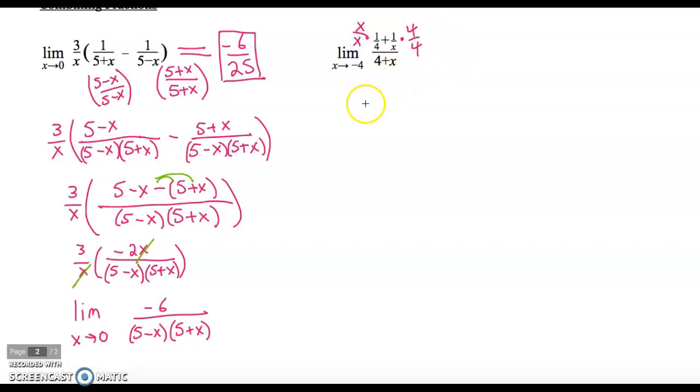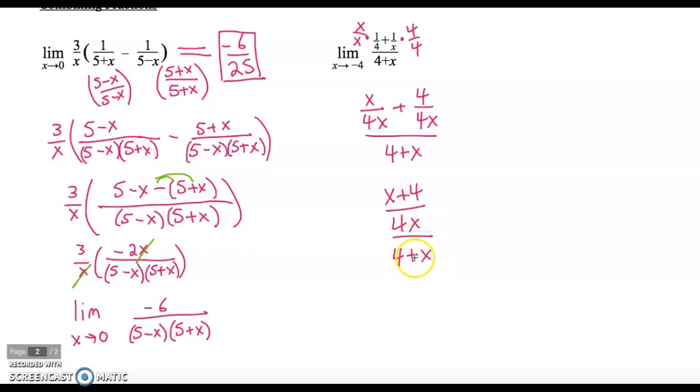Okay, so then I'll end up with x over 4x plus 4 over 4x, all over 4 plus x. Since they have the same denominator now, I can go ahead and combine them. So I get x plus 4 over 4x, over 4 plus x. And as we know, when you have fractions inside of fractions, we can go ahead and flip and multiply. So this becomes a 1 over 4 plus x, and it's multiplying now.